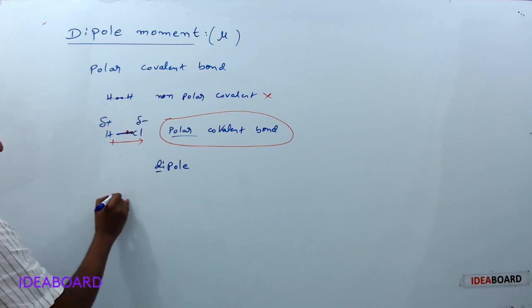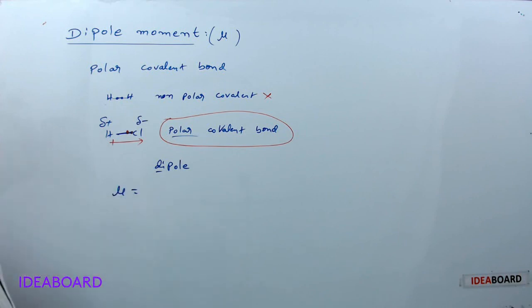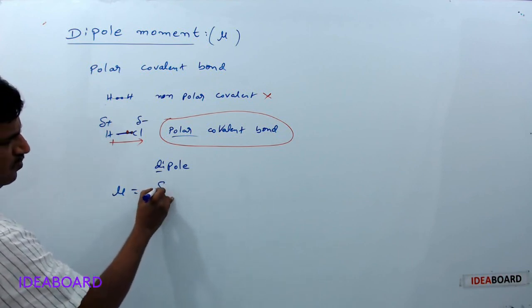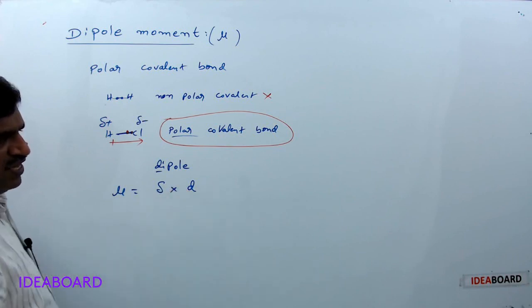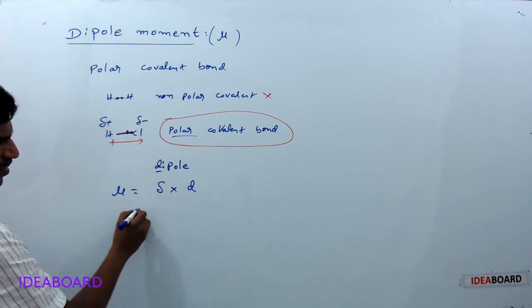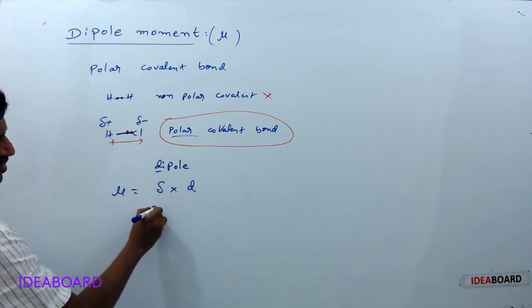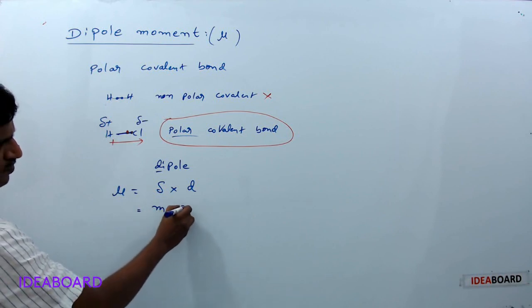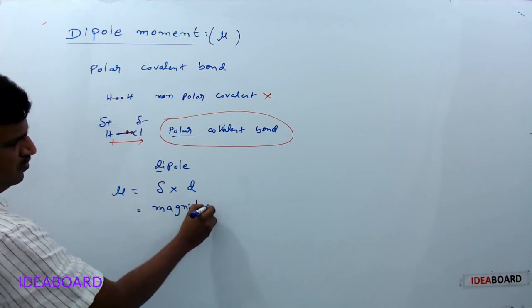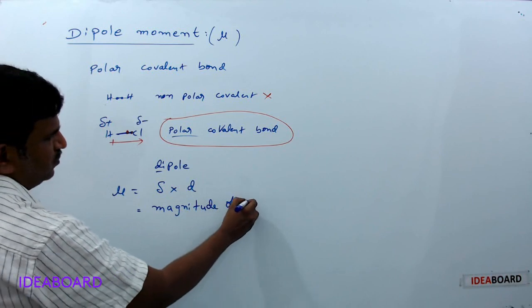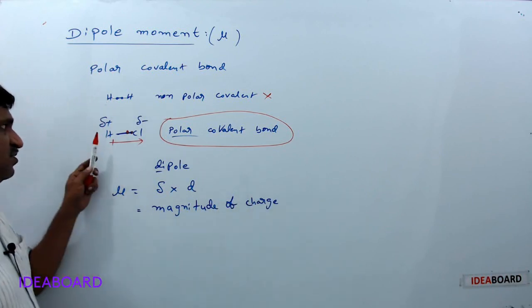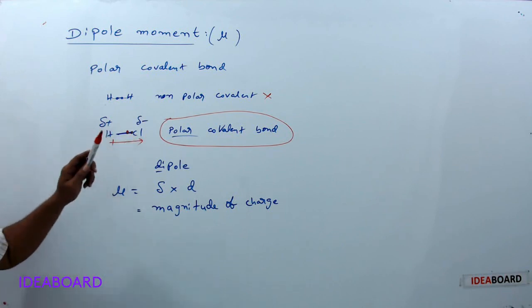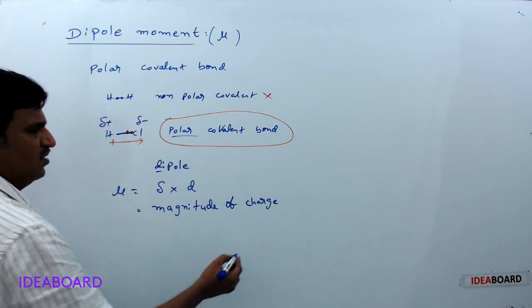Okay, the dipole moment is indicated with the letter mu, and mu is equal to delta into d, or delta into l. Here delta means the magnitude of charge, that is, either the positive charge or the negative charge, any one is taken.